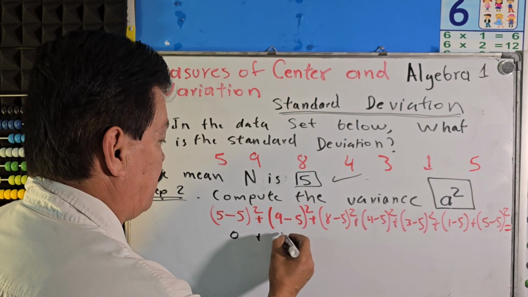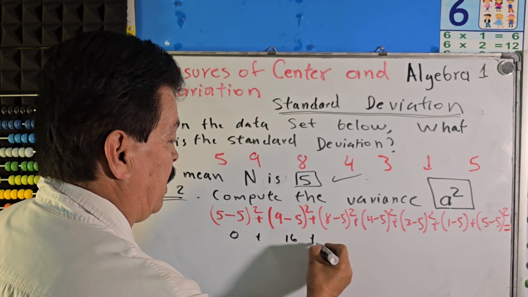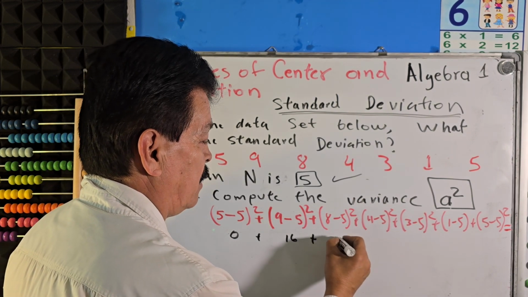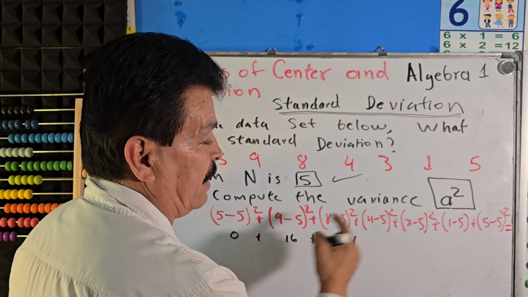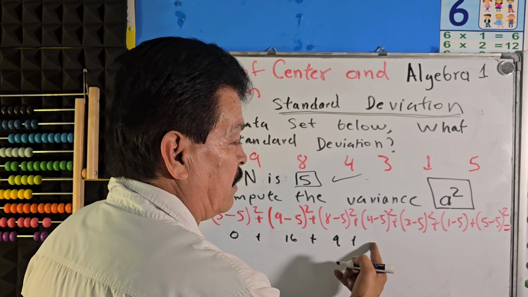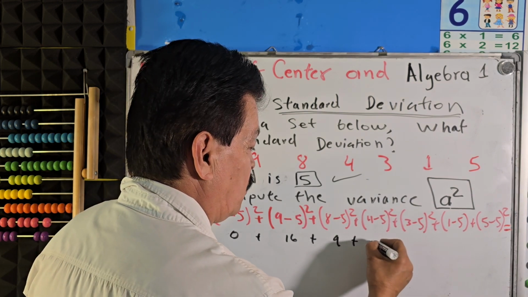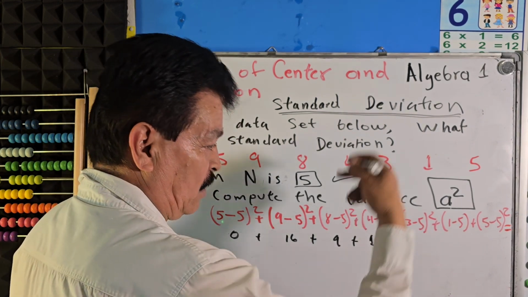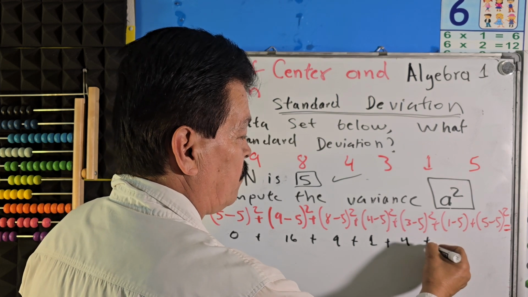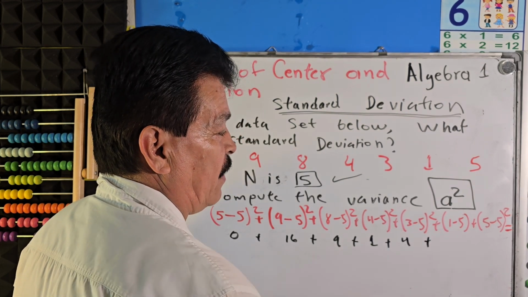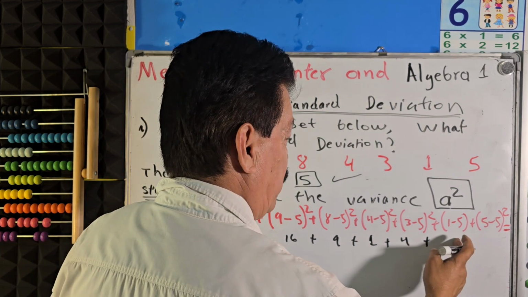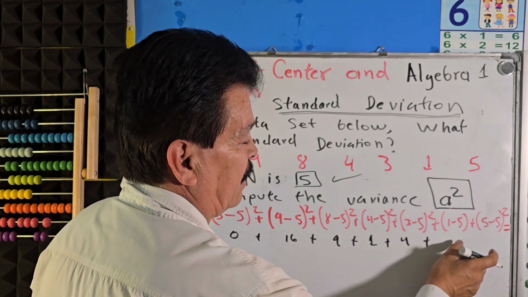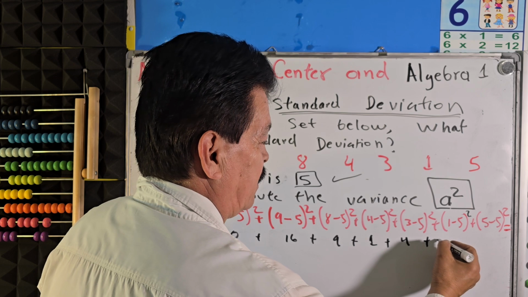So this is 0 plus 16, plus 8 minus 5 is 3, squared is 9, plus 4 minus 5 is negative 1, negative 1 squared is 1, plus 3 minus 5 is negative 2, negative 2 squared is 4, plus 1 minus 5 is negative 4, squared is 16.